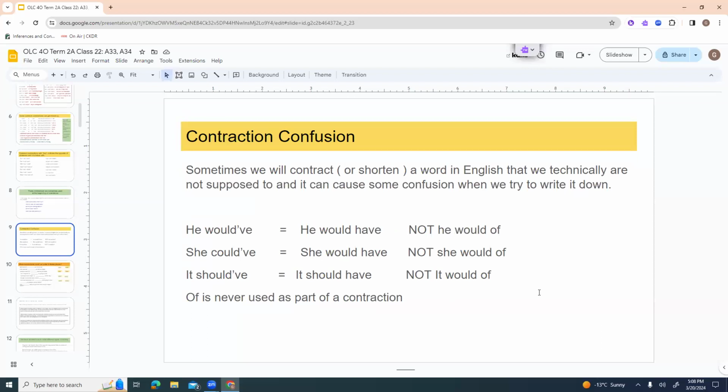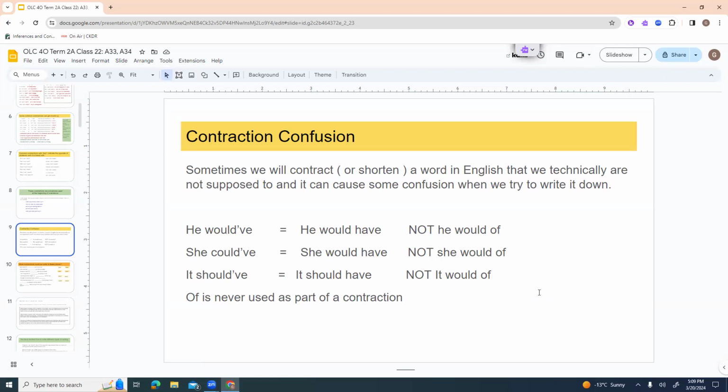Okay, and one more thing. This doesn't come up a whole lot, but when we're saying he would have, it sounds like the word of in English, O-V-O-F, but it's a contraction. It's the short form for have. So if I was breaking it back down into the three main words, it would be he would have, not he would of.